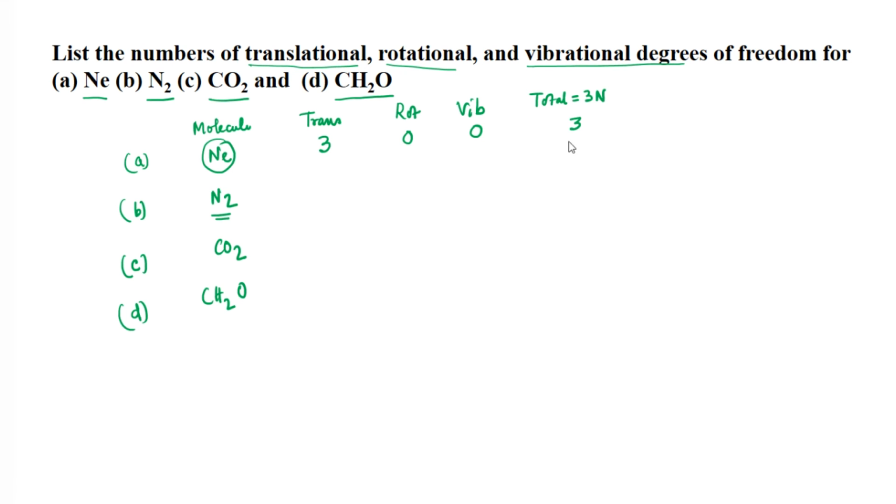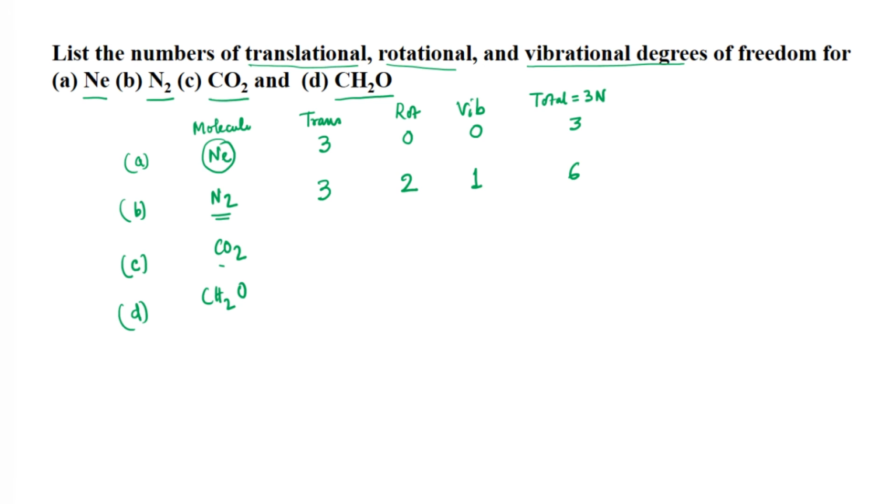So, 3n equals 3 times 2 equals 6 and we have 3 translational degrees of freedom, and because this is a diatomic molecule with only one bond, we have only one vibrational degree of freedom. So, there are 2 rotations that are allowed.